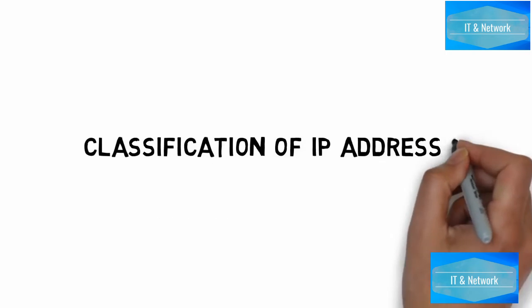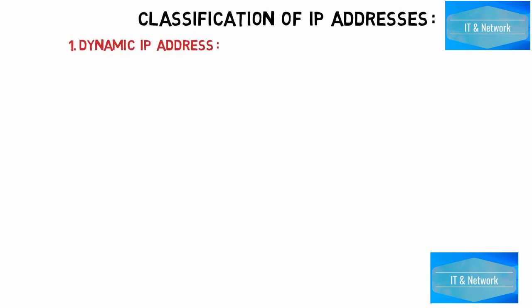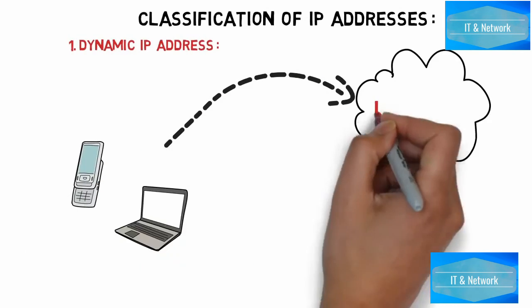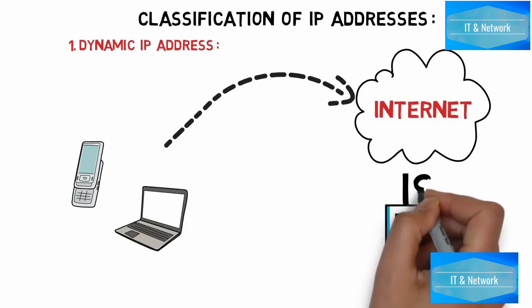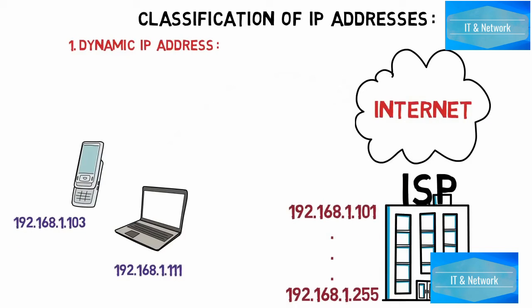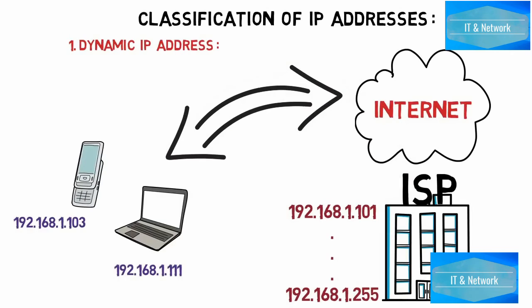IP address can be classified as dynamic IP addresses and static IP addresses, starting with dynamic IP addresses. When you connect your device like smartphone or computer to internet, the service provider provides you an IP address from the range of available IP addresses. Now your device has an IP address, so you can connect your device to internet and send and receive data to and from the computers in internet.